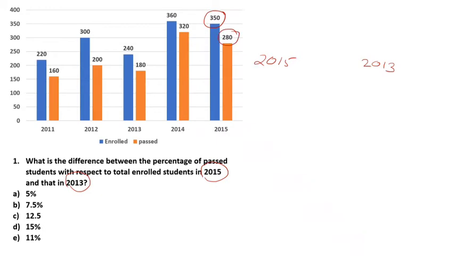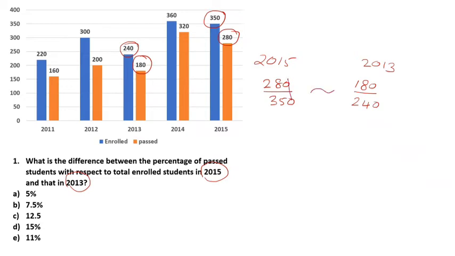So what is the percentage of passed students? Here 280 students passed out of 350. Here in 2013, 180 students passed out of 240. What is the difference between these two?